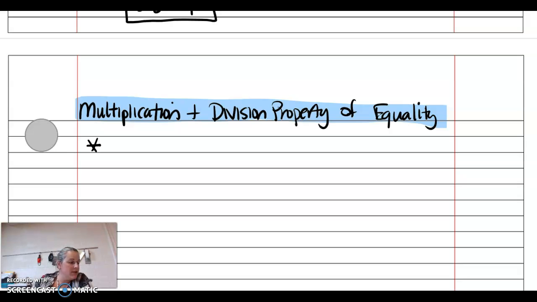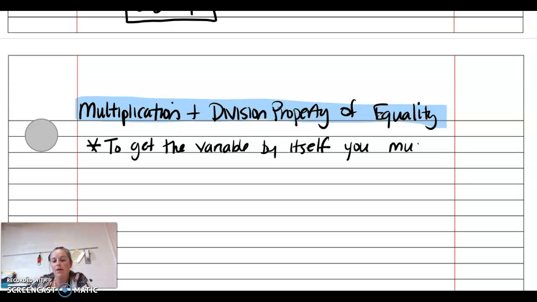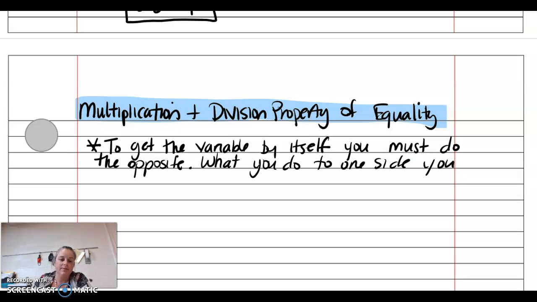Okay, so to get the variable by itself, you must do the opposite. And then what you do to one side, you must do to the other.